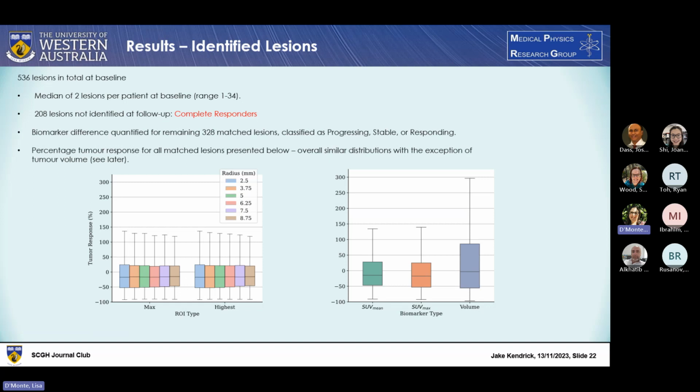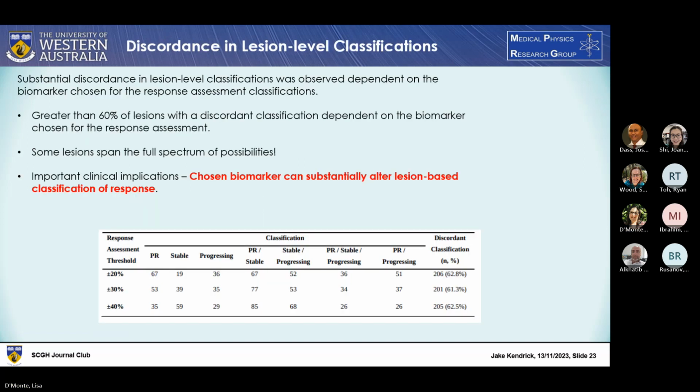The first thing is the radius of the sphere. So the SUV peak is a spherical volume placed in the lesion. So it depends on that, and also where exactly that sphere is placed in the lesion. So basically, it can be placed on the maximum uptake area, so the SUV max, or it can be iterated over the volume to determine where the highest uptake area is. So we just implemented all of those different definitions.